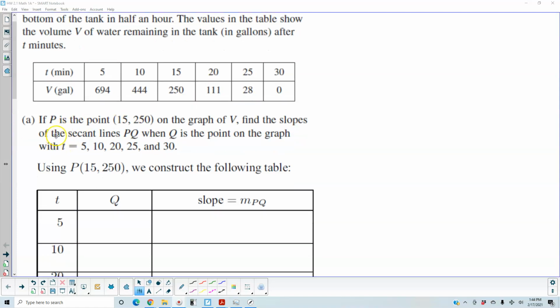In part A, it says if P is the point (15, 250) on the graph of V, find the slopes of the secant lines PQ when Q is the point on the graph with T equal to 5, T equal to 10, T equal to 20, T equal to 25, and T equal to 30.